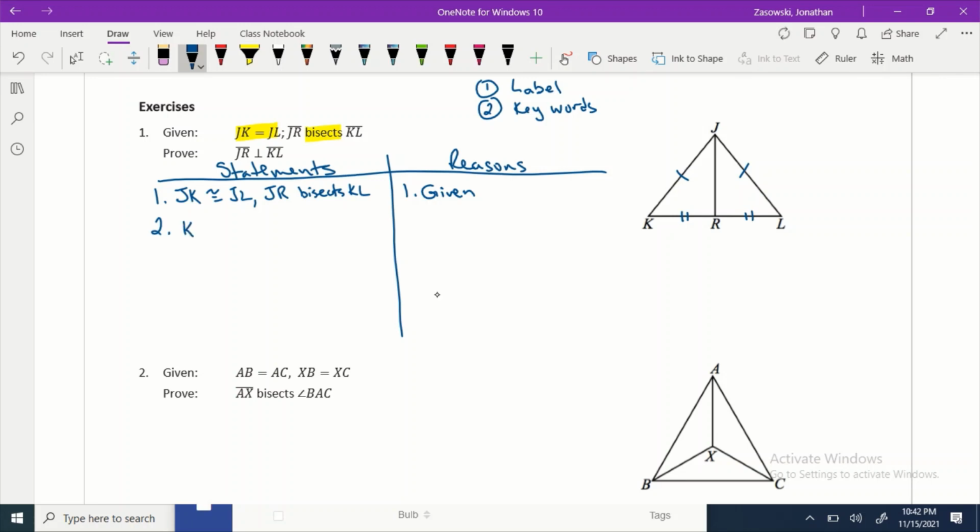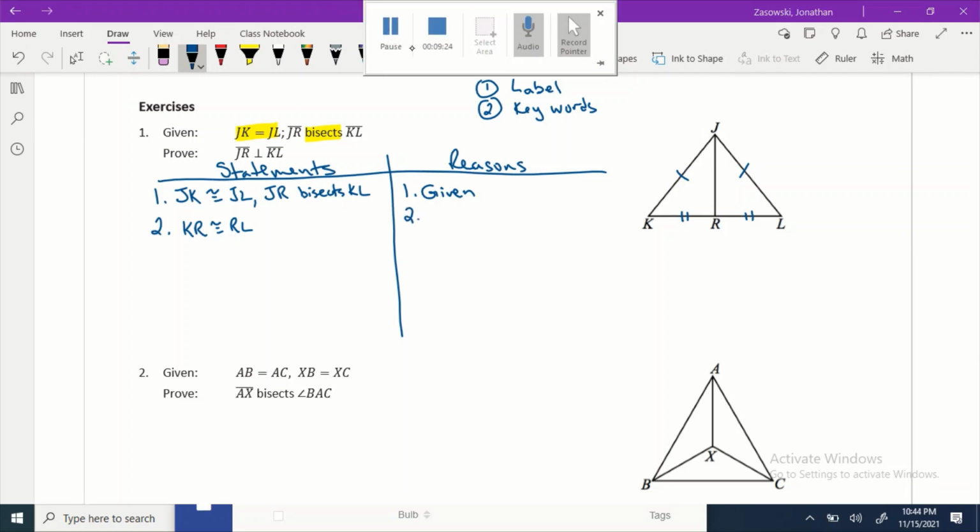So I can say that KR is congruent to RL, and I'm going to use that word in my reason. So it's always the same thing here: a bisector cuts these segments into two equal parts. Okay, now let's stop for a minute. We're going to change this proof statement.